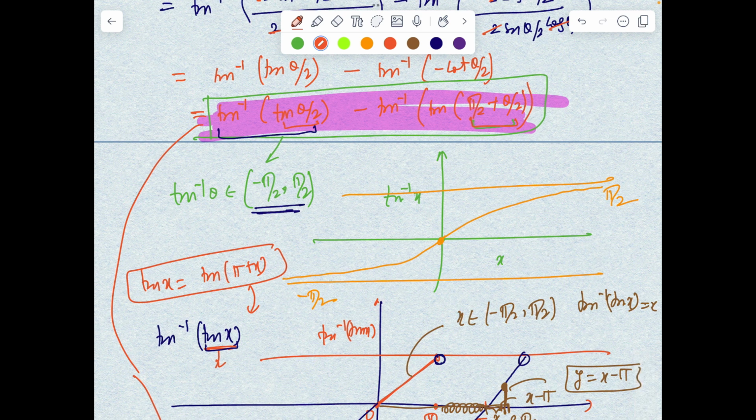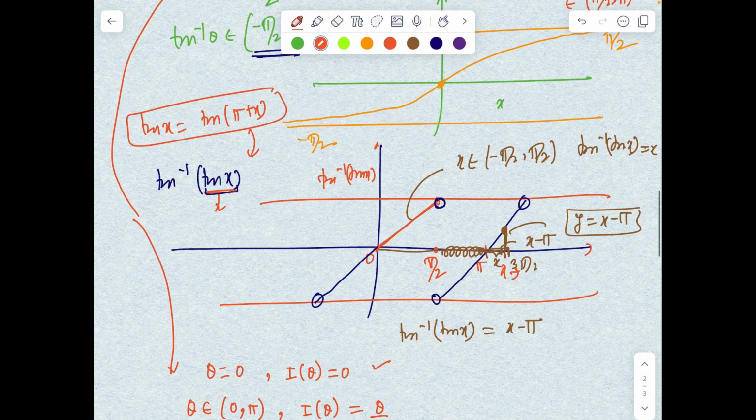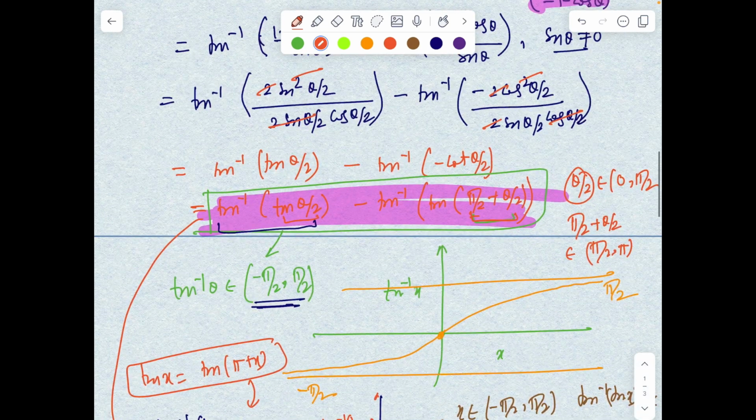What about this one? So if theta is 0 to pi, theta by 2 is belonging to 0 to pi over 2. So if I add pi over 2 here, this input pi by 2 plus theta by 2 belongs to pi by 2 to pi. And in pi by 2 to pi, you can clearly see the equation is going to be x minus pi, right? So what is the value over here?